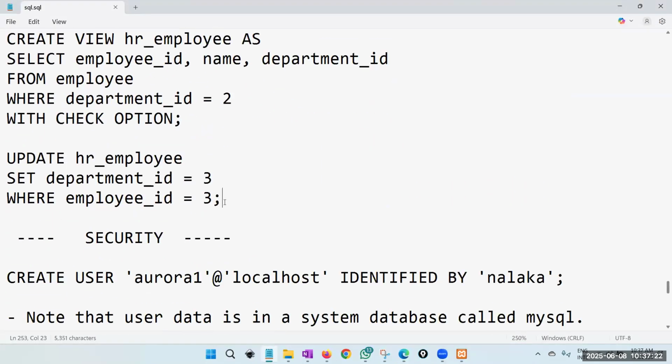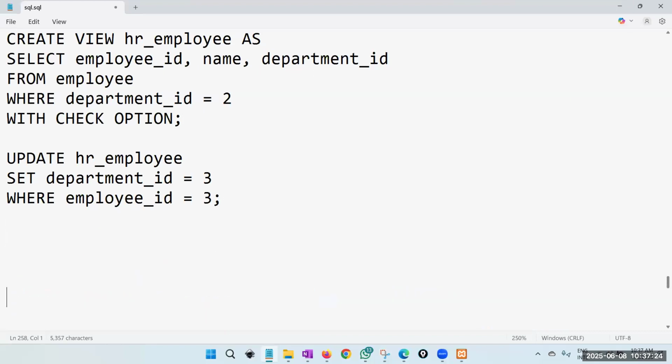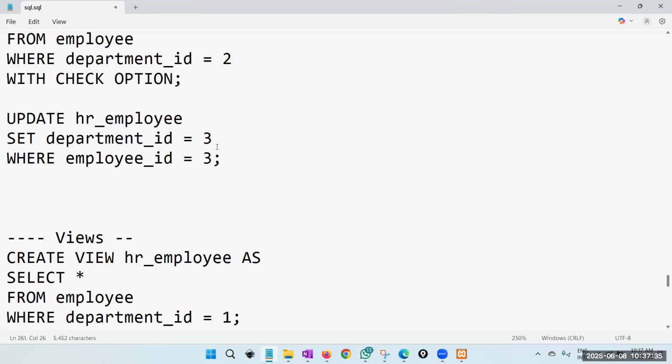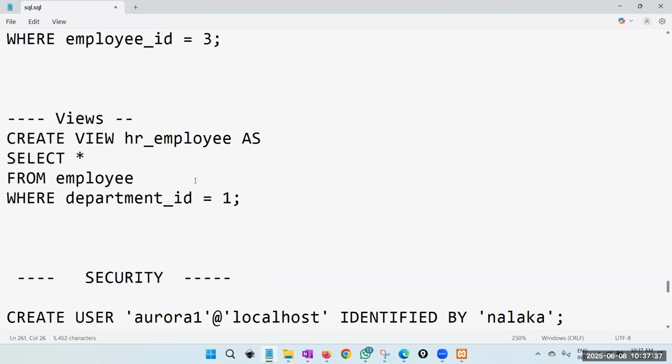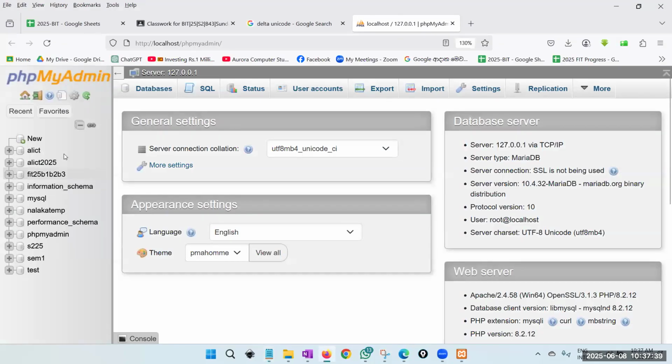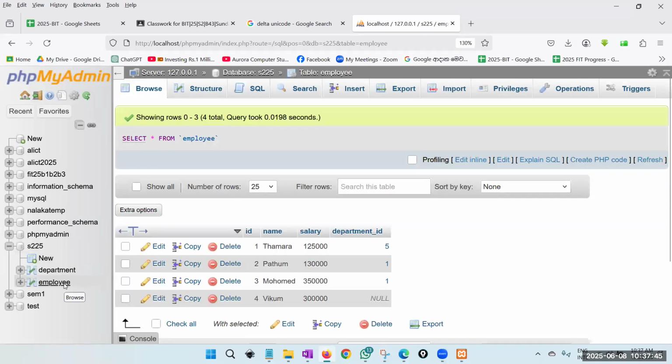We are into the view now. I will share the full code today because today is our last coding session, hopefully. Remember, we have already created two tables in our S225 database: the employee table and the department table.